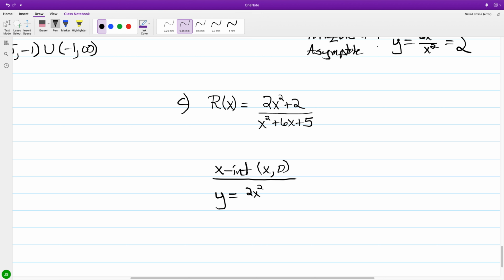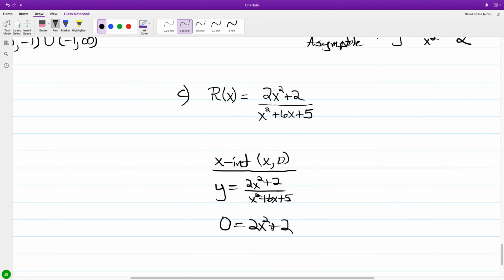So y is equal to 2x squared plus 2 all over x squared plus 6x plus 5. And if I set y to 0, so 0 is equal to 2x squared plus 2 all over x squared plus 6x plus 5.